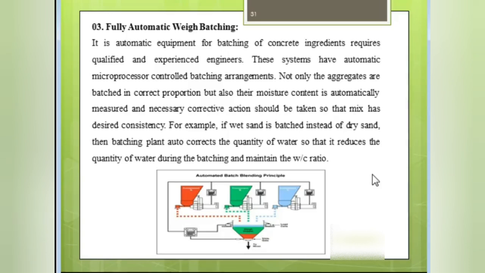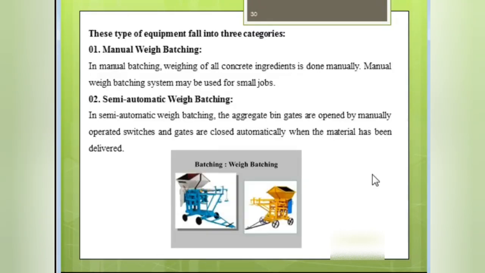It will take directly the parts of cement, sand, and aggregate, and combine them in the form of a mix. So the proportioning is carried out automatically with the help of the electronic machine.